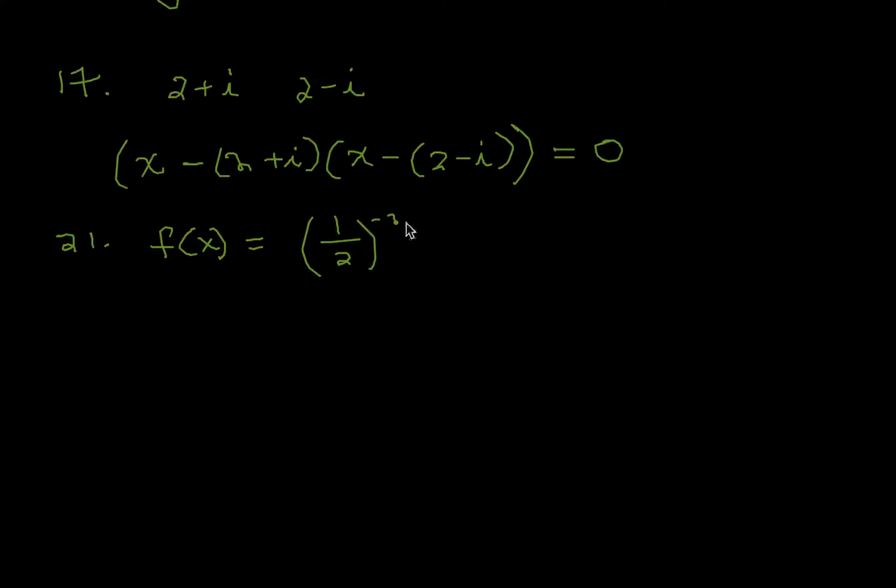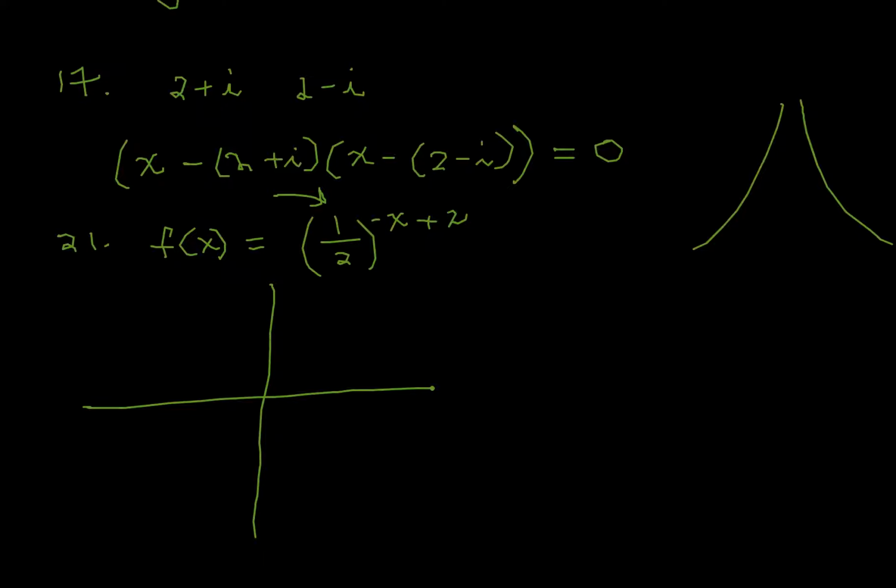This is an exponential function, which means it's going to go like this, or it's going to go like this, depending on whether this is bigger than 1 or less than 1. So when you do these, you just draw your axes. You make a little chart for yourself. You don't need a lot of points because we know what it's going to look like.